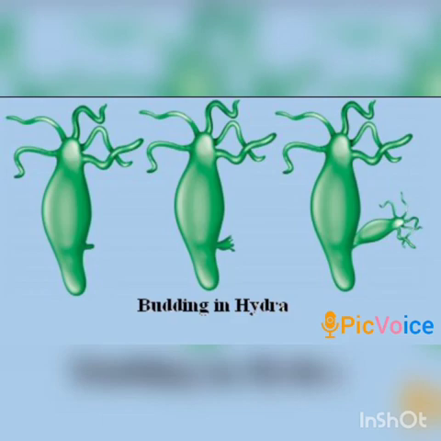In each hydra, there may be one or more bulges. These bulges are developing new individuals and they are called buds. Since the individuals develop from the buds in hydra, this type of asexual reproduction is called budding.